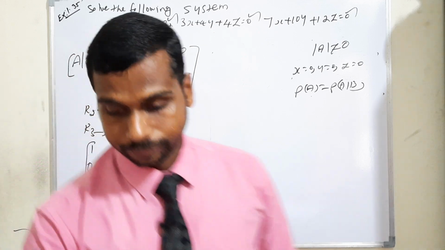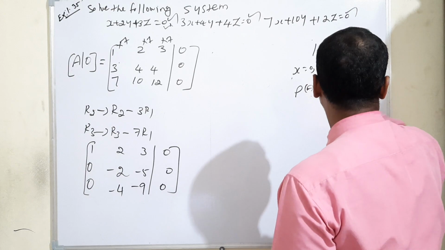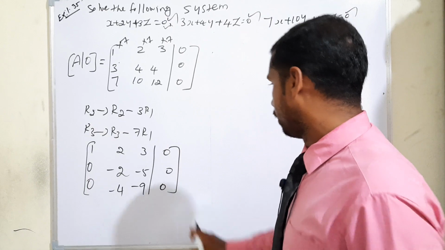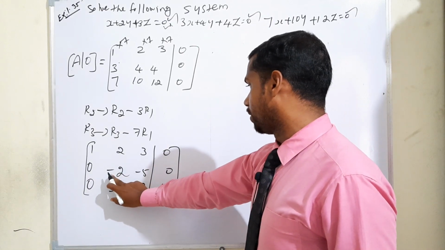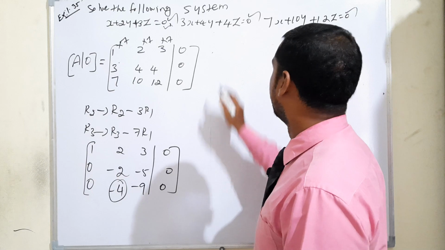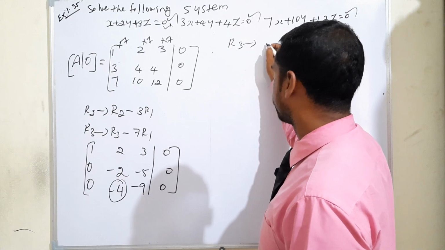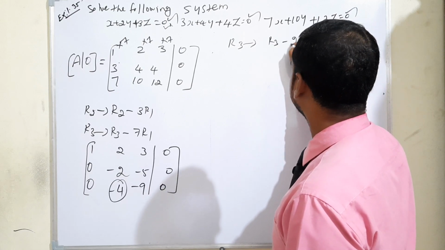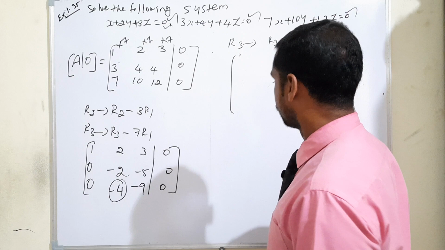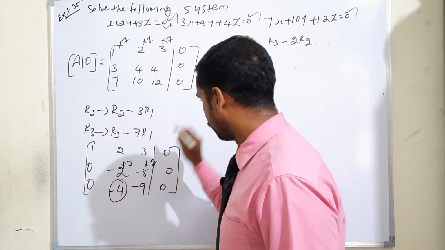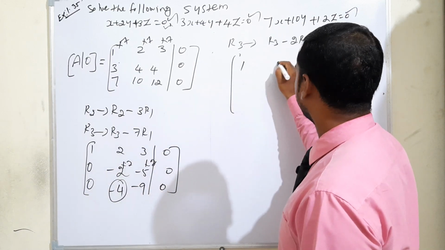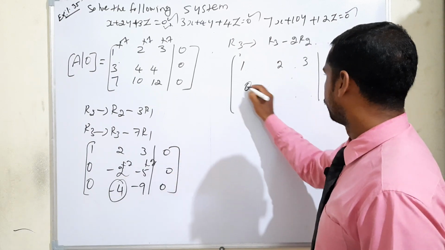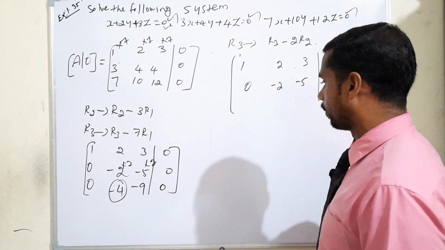Next, what do we have to do? Starting from the non-zero digit in the second row, we have to make the third row's second term 0. So R3 becomes R3 minus 2 R2. R1 and R2 remain as they are: 1, 2, 3, 0, then 0, minus 2, minus 5, 0.